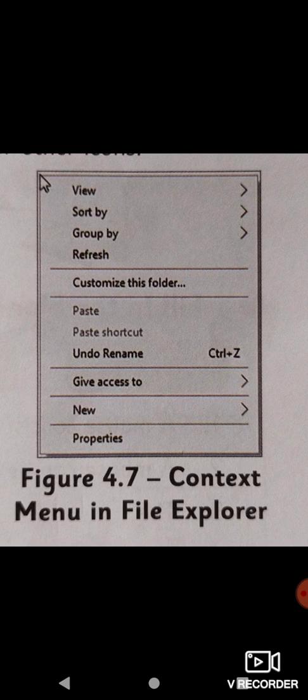As you can see, view, sort by, group by, refresh, paste, undo, properties, new. So these are all known as the context menu. So remember, right click or the right mouse button gives us the list of menu items, which is also known as the context menu.